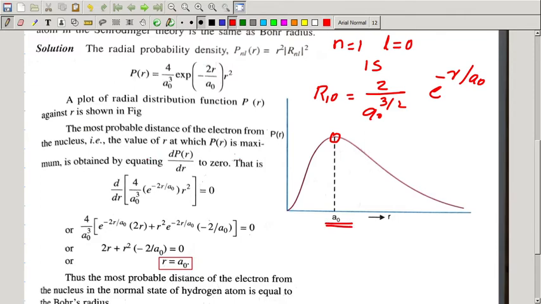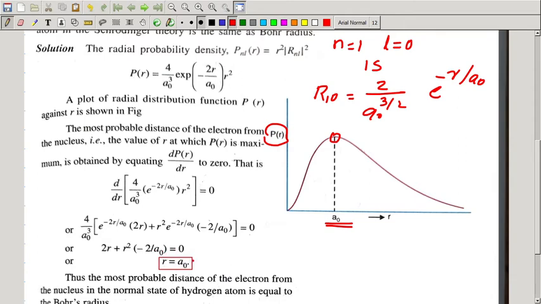Now you can find the location of the maximum of a function P of r by taking its first derivative and equating it to 0. So the maximum of P of r, the probability, occurs when dP by dr is equal to 0. So equate this equal to 0. Finding the derivative, you will get this, and these constants can be dropped when we take them to the right hand side, and this becomes 2r plus r squared times minus 2 by A0 equal to 0.